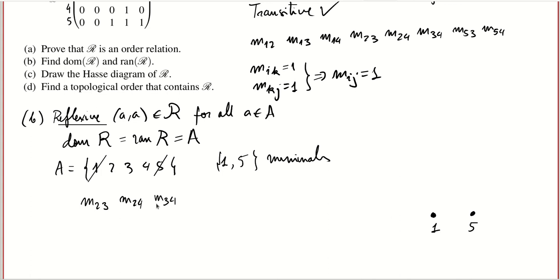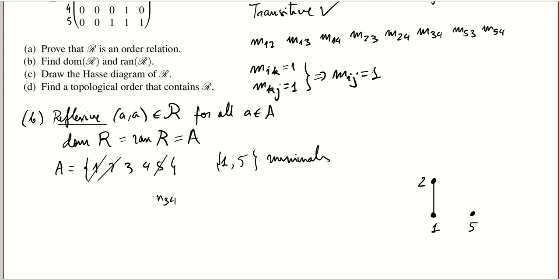Again we must look for elements which do not appear in the right position, and the only one is 2, so the next one is 2. Now you see there's (1,2), so there's a line going from 1 to 2, and there's no (5,2), so there's no line going there. Eliminate the 2.